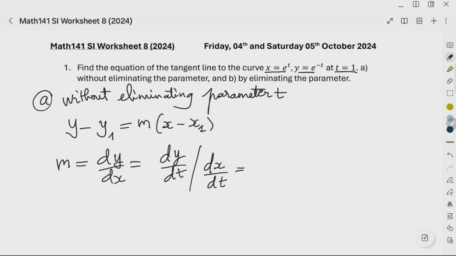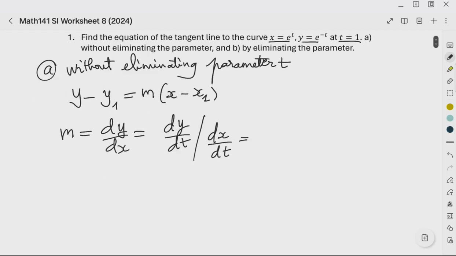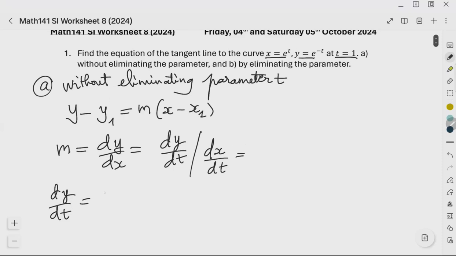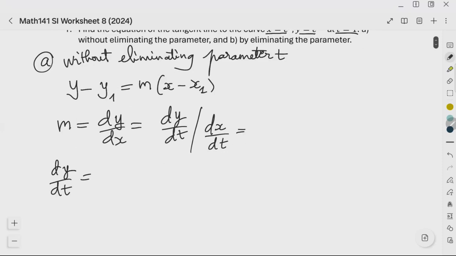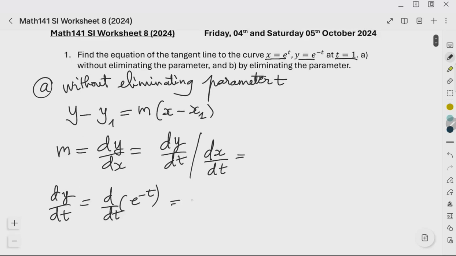So then you need to find what is dy over dt. So dy over dt is given to you as the derivative in terms of t of e to the negative t, which is just minus e to the minus t, right?